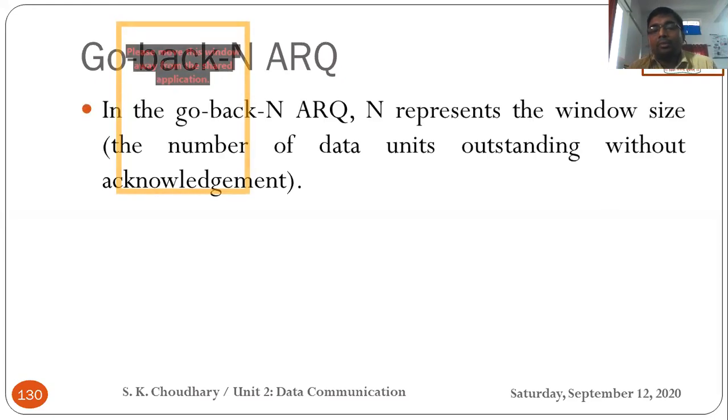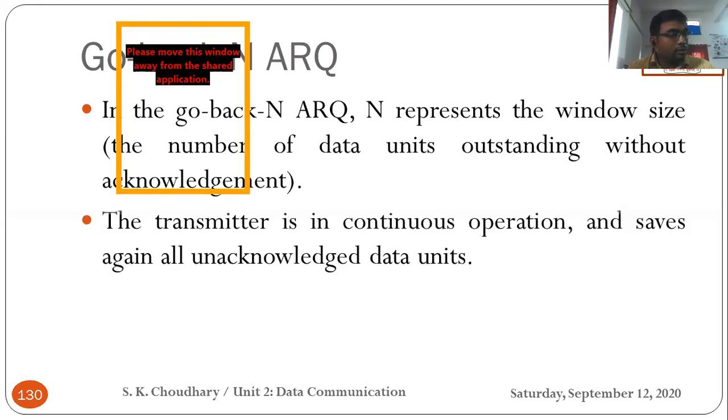So the second type of ARQ system is go back N ARQ. In go back N ARQ, N represents the window size, or the number of data units outstanding without acknowledgement. Here the transmitter is in continuous operation and saves all unacknowledged data units.